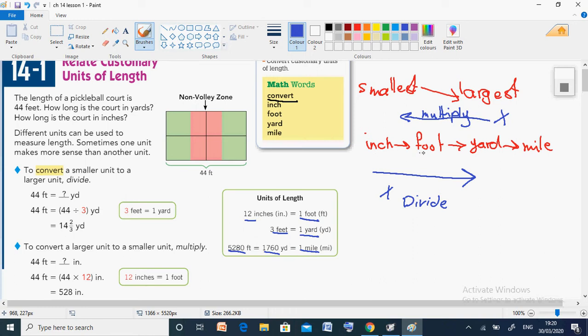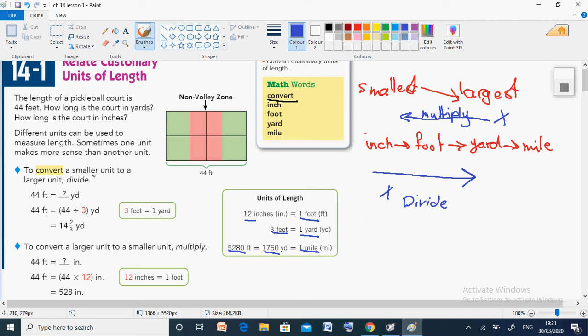Inch, foot, yard, and mile. Okay? You also have to keep in your mind that 1 foot contains 12 inches, 1 yard is 3 feet, and 1 mile is 1760 yards and 5280 feet. Now, look at this example here.